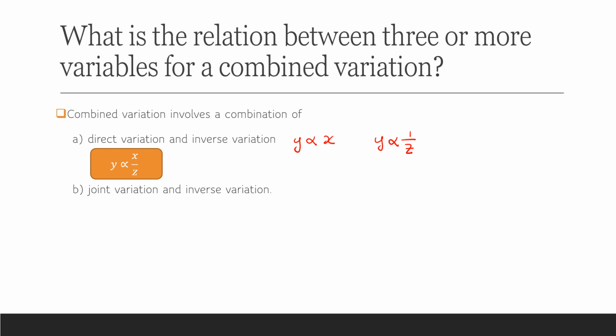The joint variation is like this: Y varies directly as W and S, and Y varies inversely as Z. So these two combinations will give you a combination like this. So these are the combined variations.